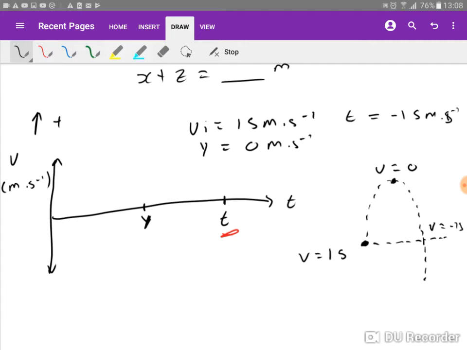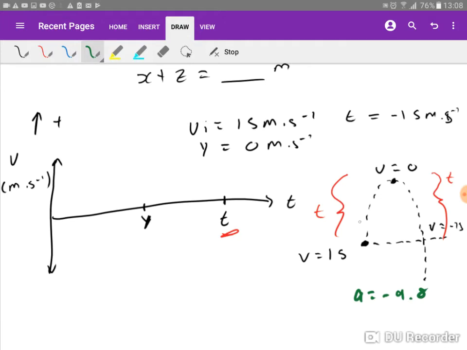Because the time it takes to get to its max height and the time it takes to get from its max height back down to its original position is the same, right? And this is because there's a constant acceleration acting on it.